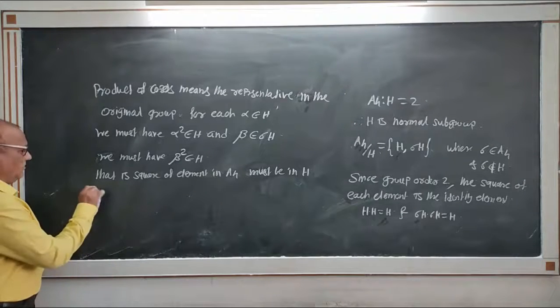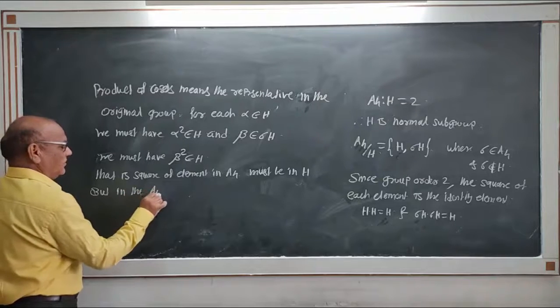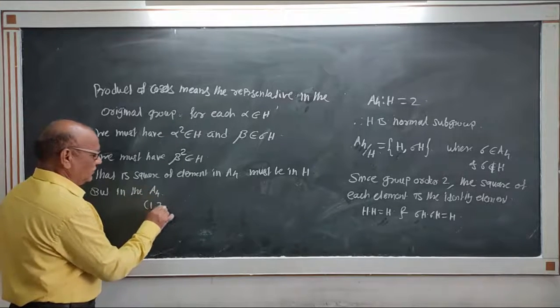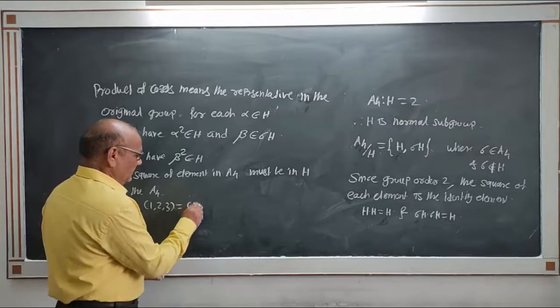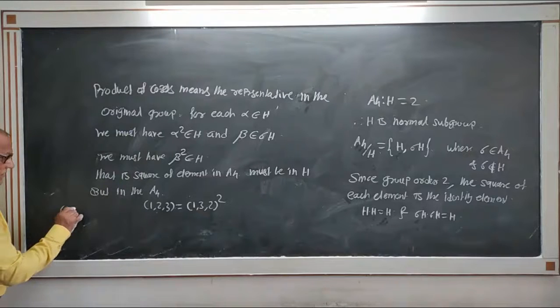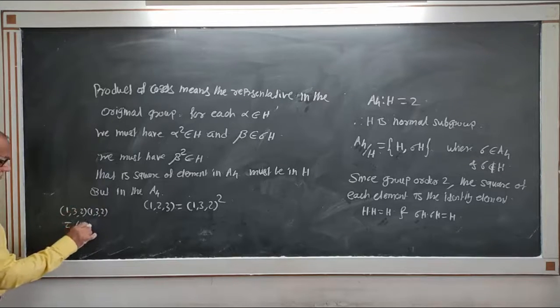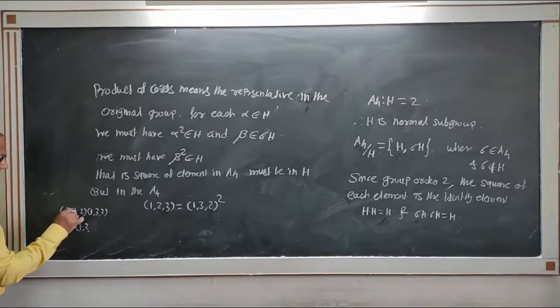Now, in the A4, take 1, 2, 3. Here 1, 3, 2 squared: 1 goes to 3, 3 goes to 2, 2 goes to 1, and again 1 goes to 3, 3 goes to 2, 2 goes to 1, complete. That means we get 1, 2, 3.